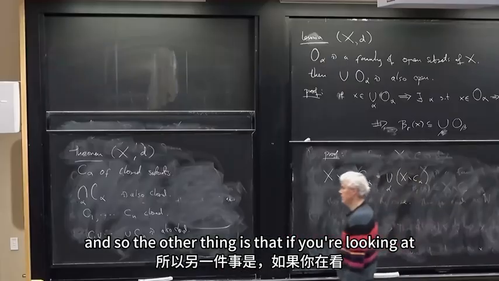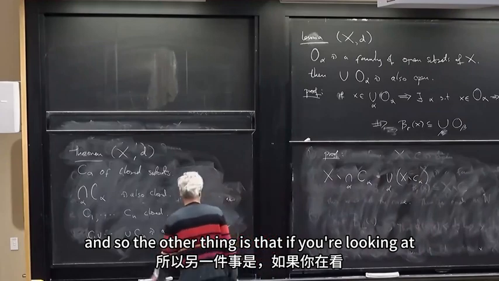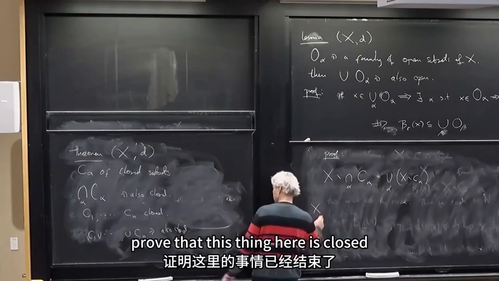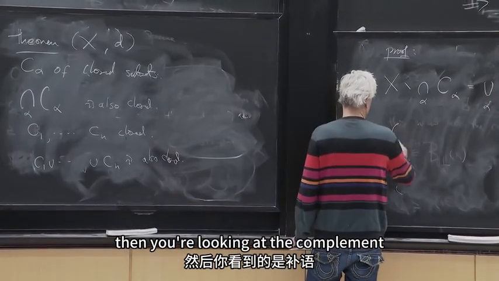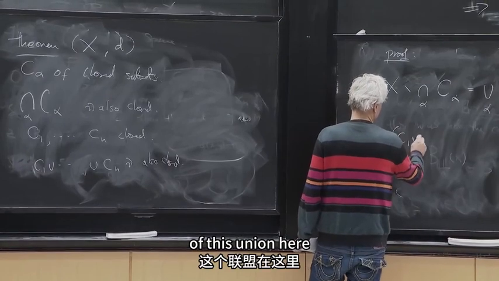So that's why you could take any intersection, right? And the other thing is that to prove that the union here is closed, you're looking at the complement of this union.